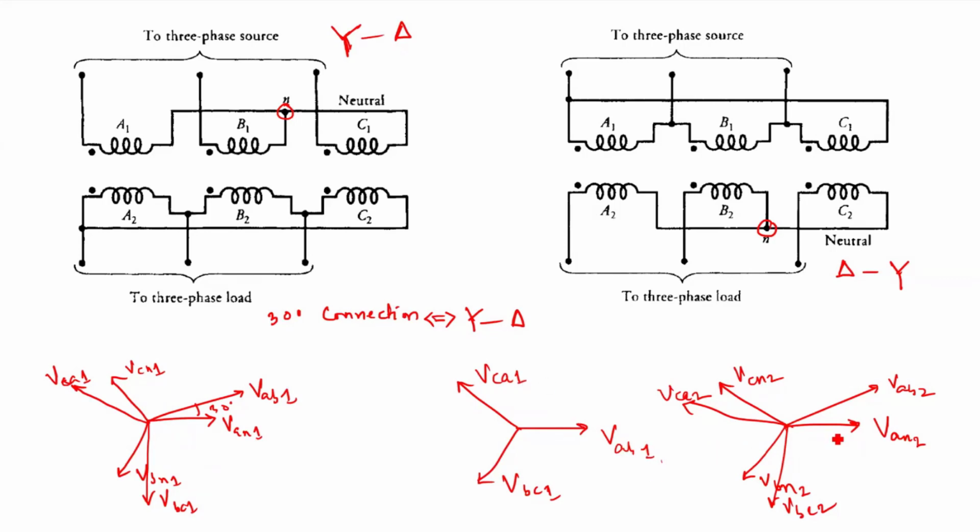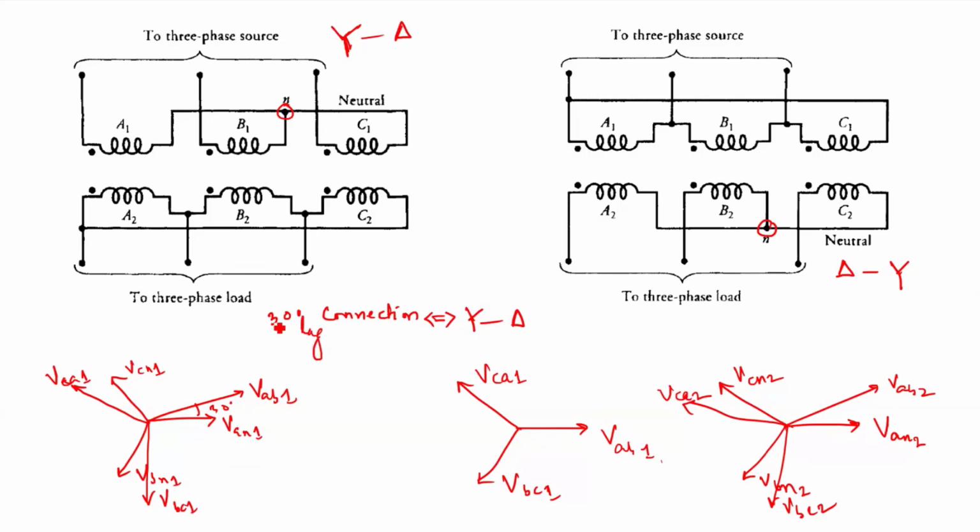Now let us see the phase difference between the line voltages. In the previous case, star delta, your primary side line voltage is leading the secondary side line voltage. But here in case of delta star, your primary side line voltage is lagging the secondary side line voltage. So here it is called a 30 degree lag, your secondary voltage is lagging.